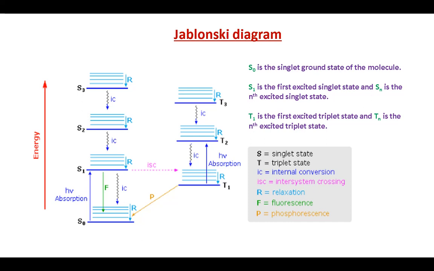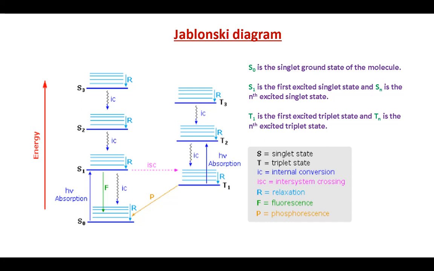In this diagram, the lowest and darkest horizontal line represents the ground state electronic energy of the molecule, which is the singlet state. At room temperature, the majority of the molecules in a solution are in this state.